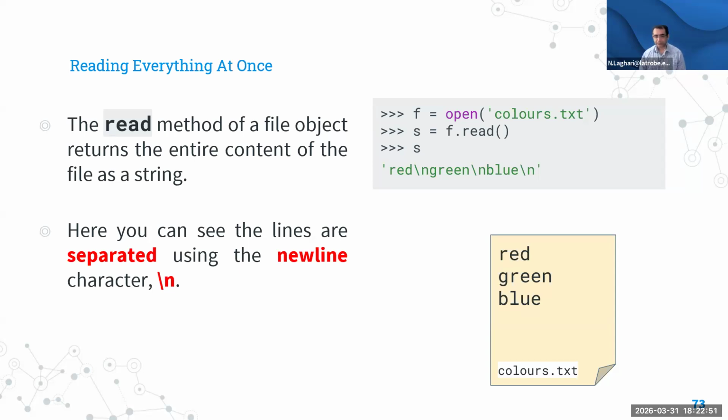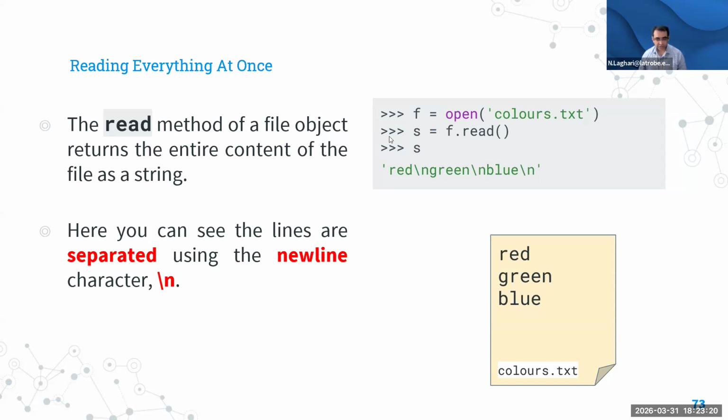Now in this short program, you see that we have open colors.txt. From F, we call the read method. It reads the whole file and stores that data into S. Now S is the string having the text from that file.